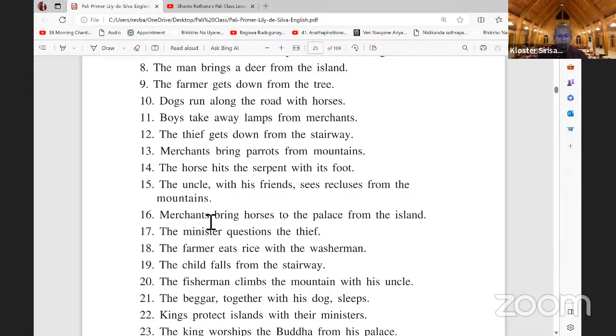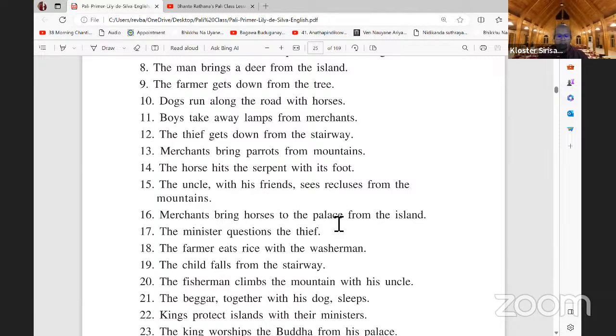Merchants means vanija, and from the island is dipamha, and horses, asse, and then palace.